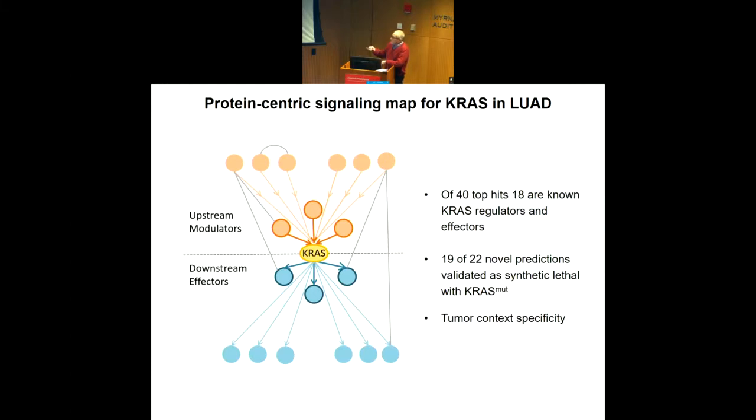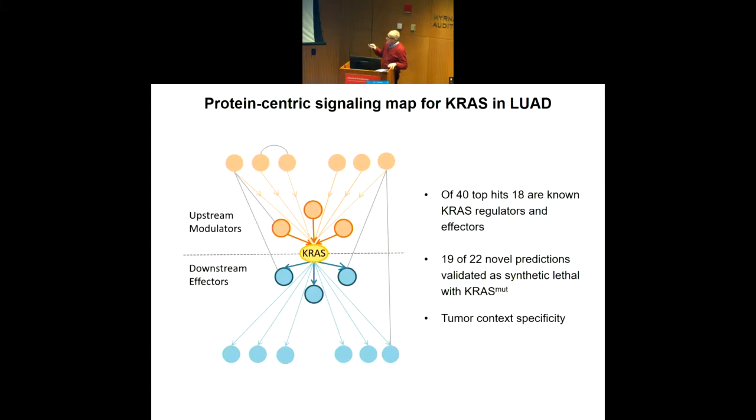We come up with, in this case, KRAS-specific pathways, which certainly add directionality from our perspective to PrEPI. These are upstream, these are downstream, and you can see in some cases there are what look like feedback loops. Of the 40 top hits that we make, I'm not showing you the details, 18 were already known, but of course they weren't part of the information used to derive them.